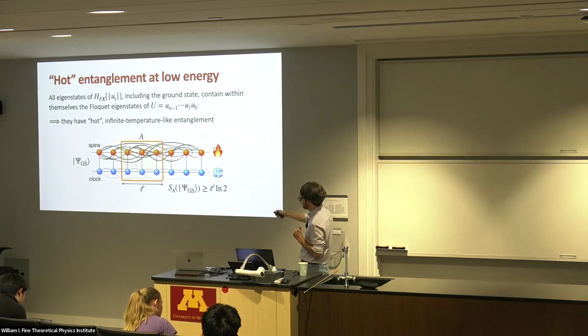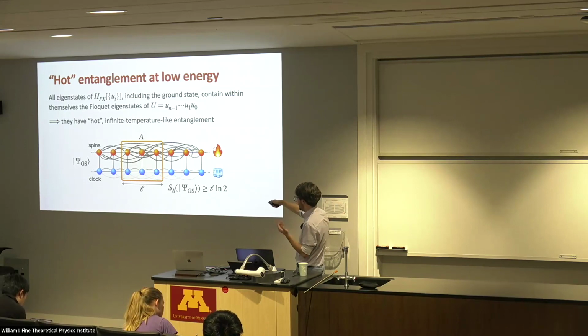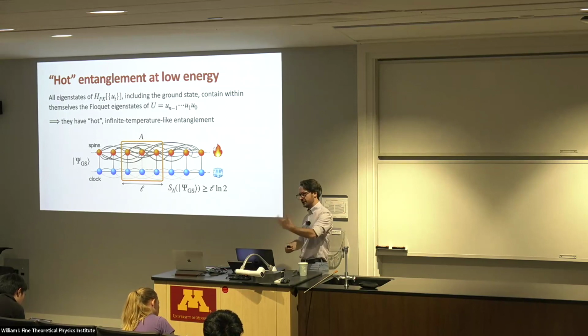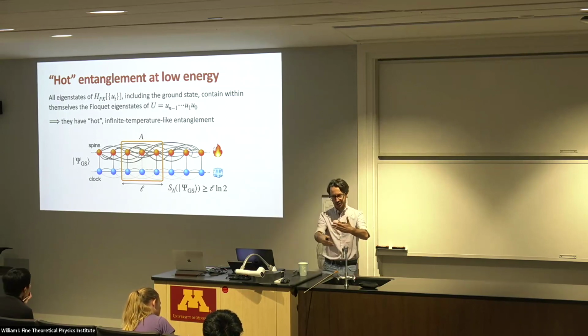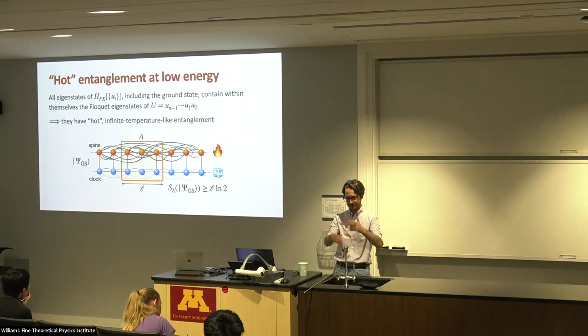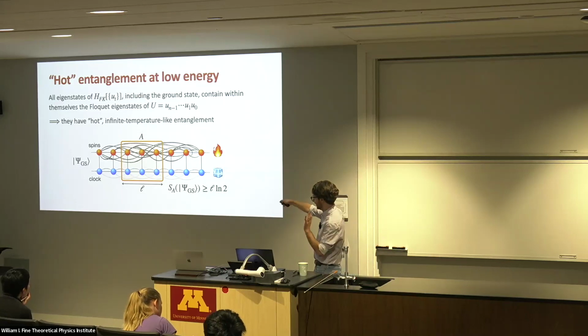So you can picture the states visually as living on this two-leg ladder. The clock leg of this ladder is what stores all the information about being at low energy. It knows that you're at low energy in some sense. So this is where the cold aspect of this ground state lives.